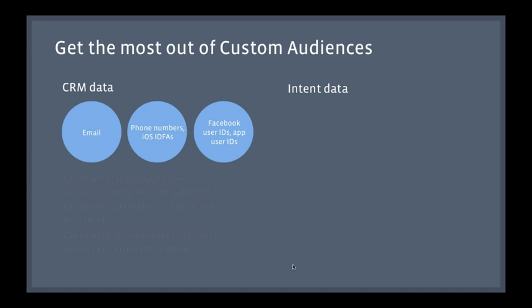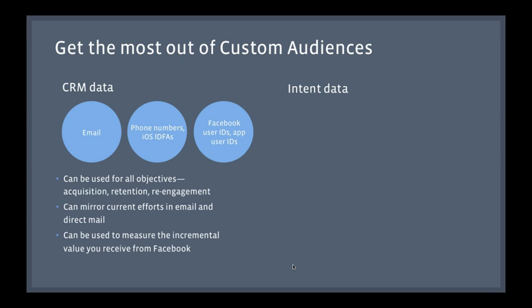So users who've been to your mobile app within the last 7 days or who are highly engaged with that app. And using that, you can use that CRM data across multiple types of objectives. So if you have data on potential customers, you can use it for acquisition, but it's really incredibly strong for things like retention and re-engagement.